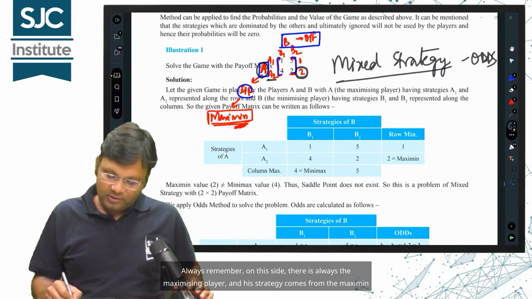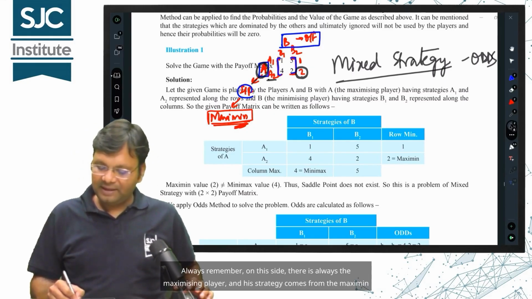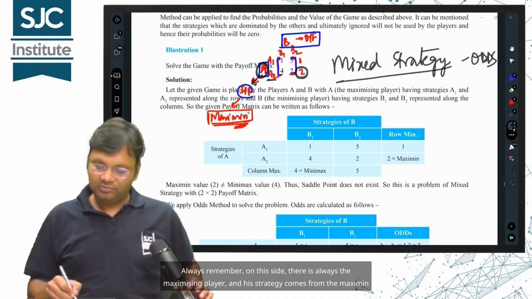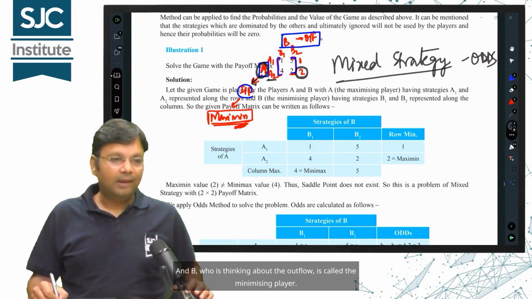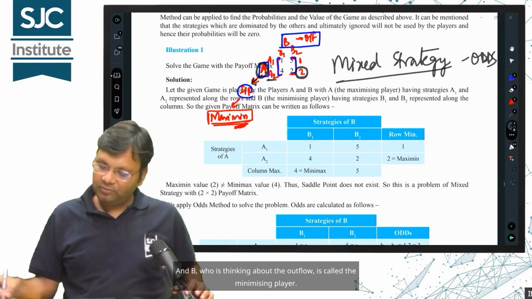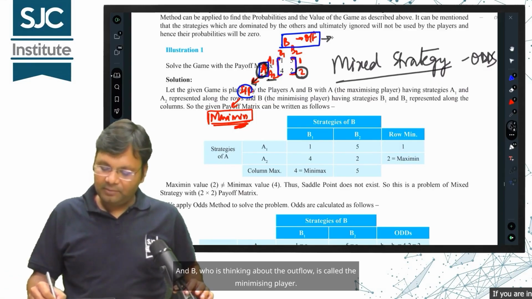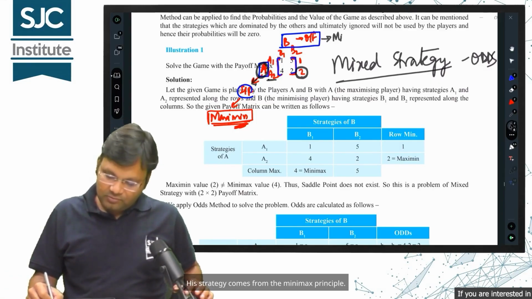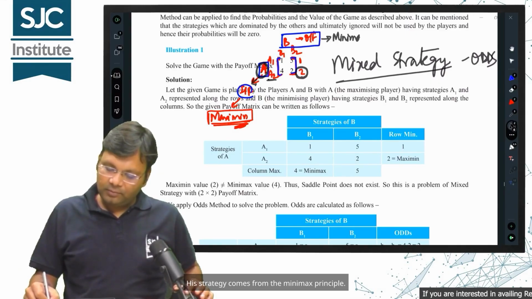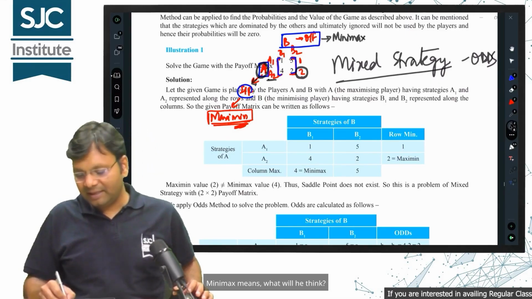Always remember, on this side, there is always the maximizing player, and his strategy comes from the maximin principle. And B, who is thinking about the outflow, is called the minimizing player. His strategy comes from the minimax principle. Minimax means, what will he think?